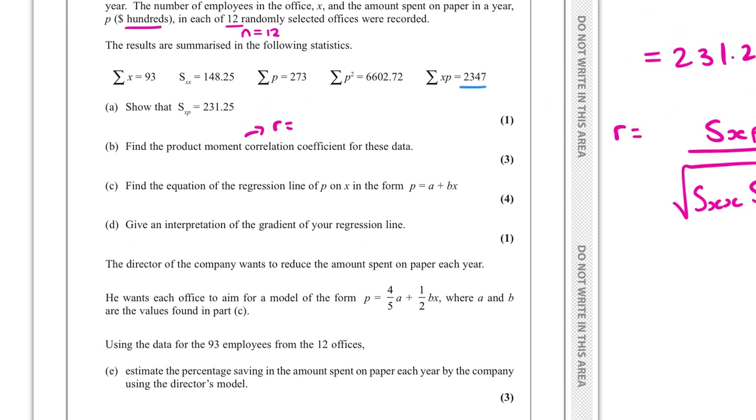So, part C, it says find the equation of the regression line of p on x in the form p equals a plus bx. Again, where am I finding this information? Formula sheet. It's literally there. It tells you in the formula sheet that b equals Sxp, I mean, it says as Sxy, but we know that p is y, over Sxx. Okay?